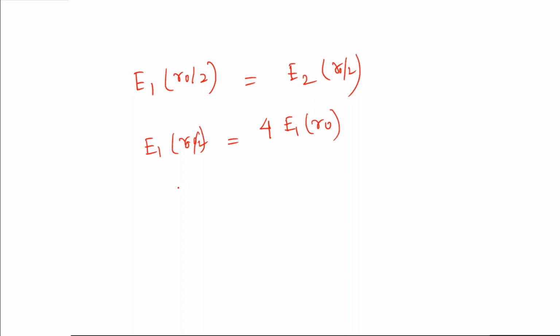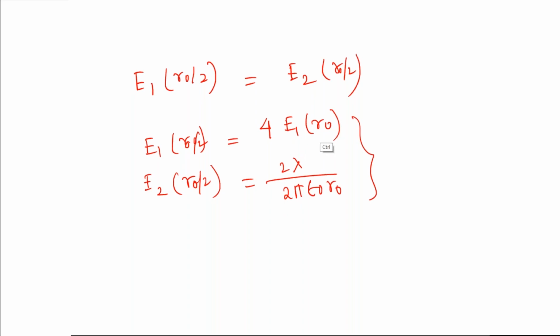Now if I want to find out the relation between these two, E1 at R0 is actually Q by 4 pi epsilon naught R0 square. So I have to find out a relation between this lambda and Q. How do you get that? Actually, there was a condition given. What was that condition?